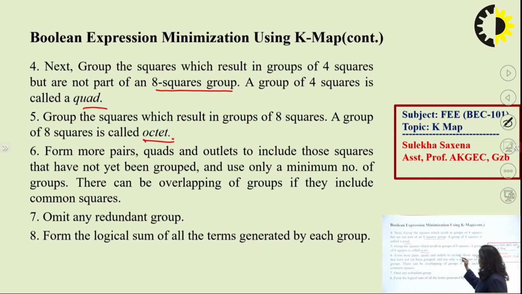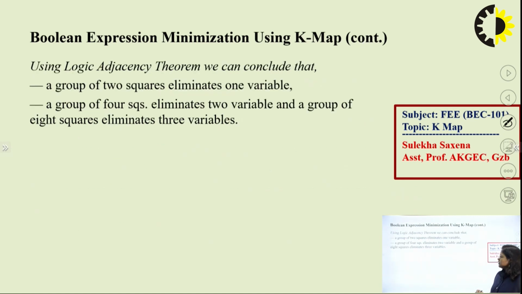If there is no octet, then we search for quad, and if there is no further quad, then we search for pair. In this order, we use the KMap to group the ones or zeros, and we omit any redundancy in the grouping.